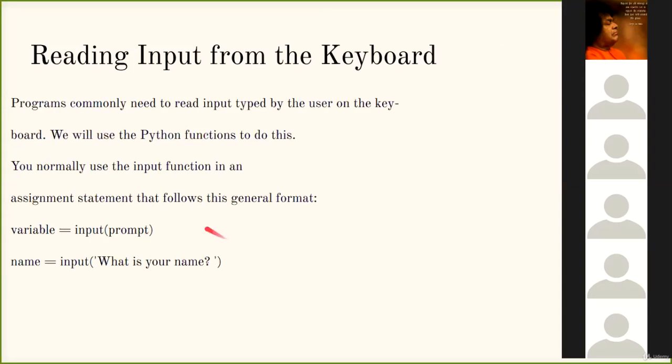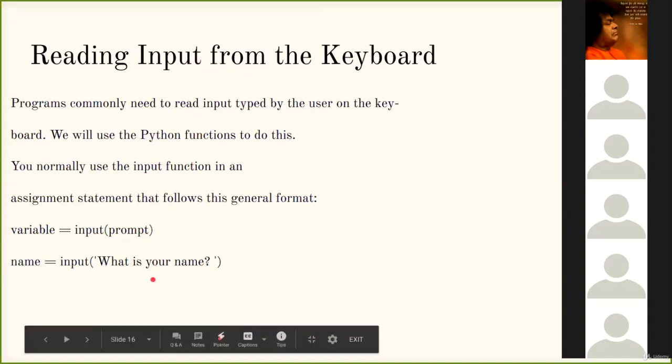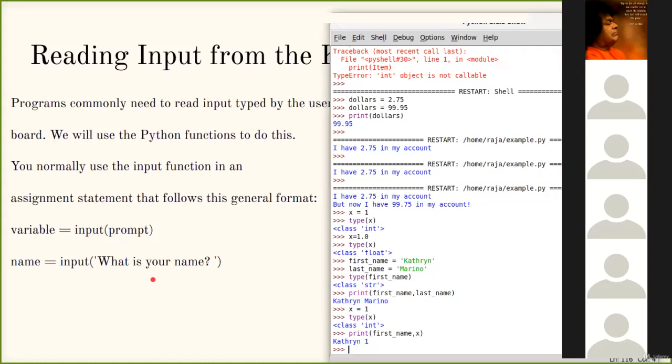okay, we can see that we can use the keyword input to read something from your keyboard. Say I want my user to type something from the keyboard, and I want to store it inside my variable. So I will do this.